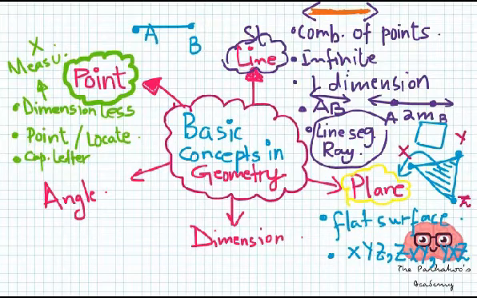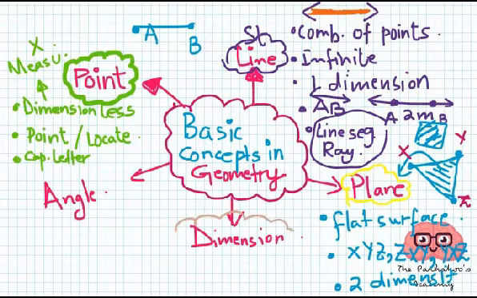So this is also a flat surface. It has got 4 points, so this is also a plane. A plane is two-dimensional. That means you require two measurements, or two values, to completely measure it.